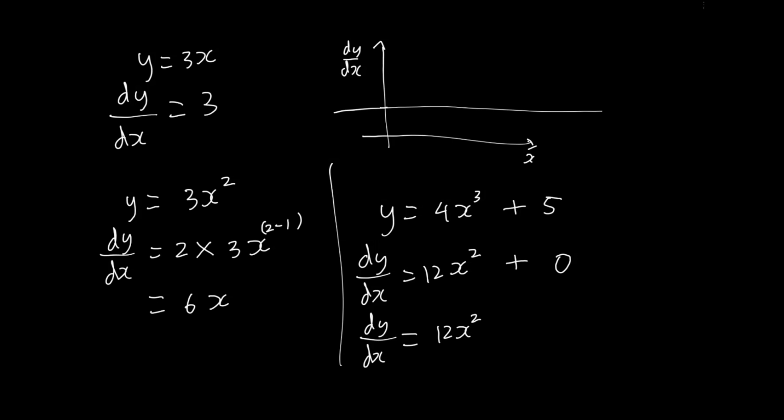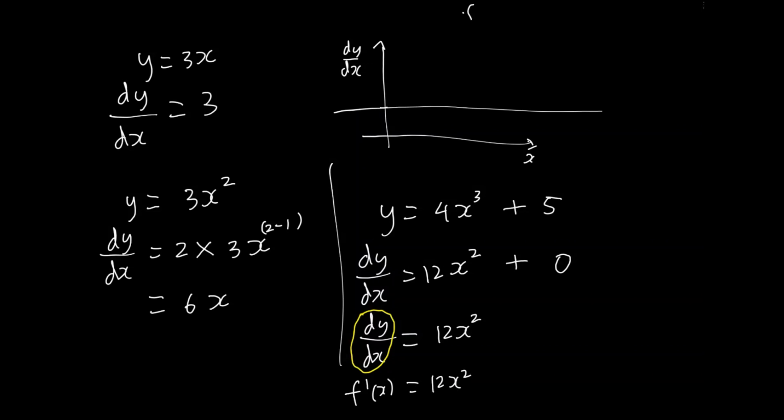So before I go, here's another way to write the notation for differentiation. As mentioned before, it's dy over dx, or you can simply write f prime x is equal to 12x squared. Why?